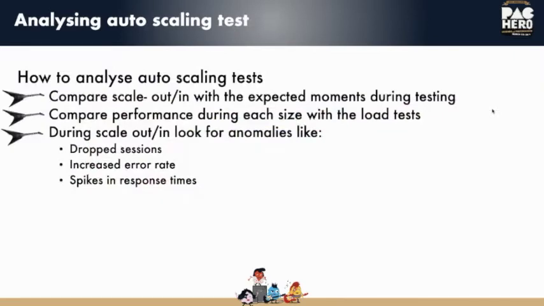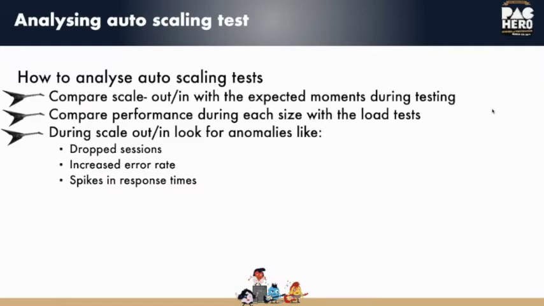So how do you analyze autoscaling tests? Well, first of all, you compare your performance. You start looking at whether the desired scenario has the right amount of response time. How's the infrastructure being used? So CPU levels, memory, you name it.